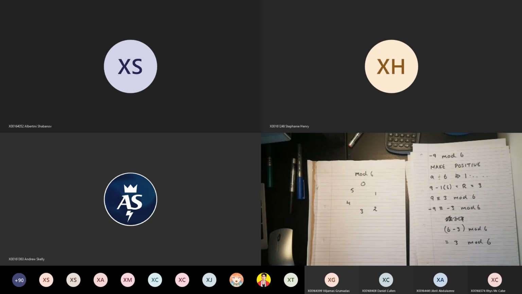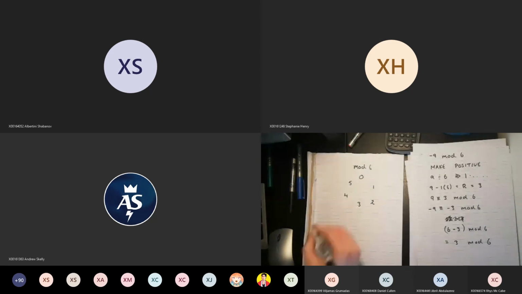I now know how to find any remainder. I've seen how to do that, but let's say I have two numbers a and b. So suppose in mod n, we want to decide if a is congruent to b in mod n.